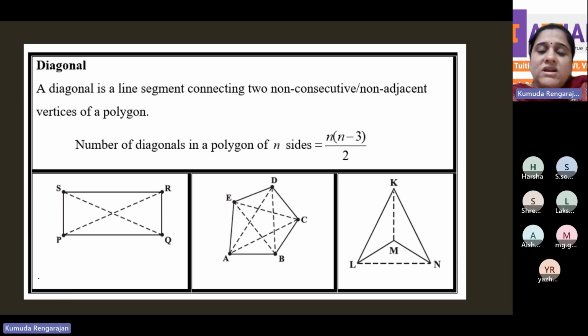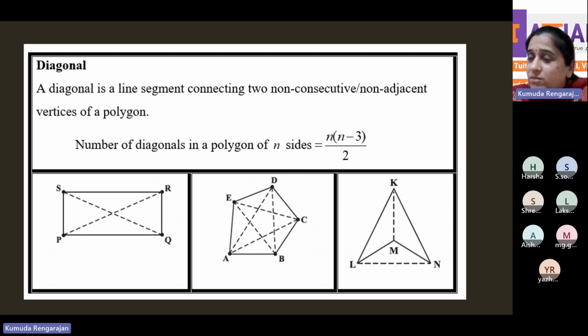Now, there's another thing. Into how many triangles can you divide a polygon? See, these are two different things. What we just saw is the formula to find the number of diagonals a polygon can have, given by n into n minus 3 by 2, where n is the number of sides the polygon has.